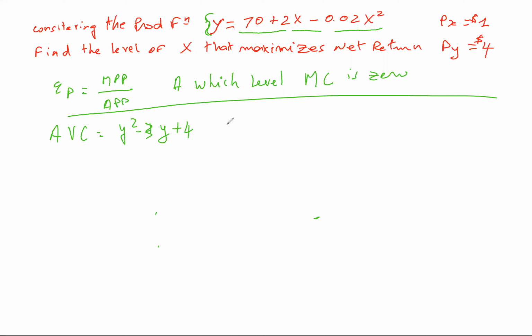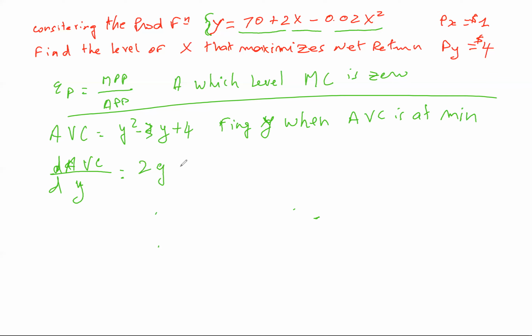To find y when the average variable cost is at the minimum, we are going to take the derivative of average variable cost with respect to y, and we set it to 0.